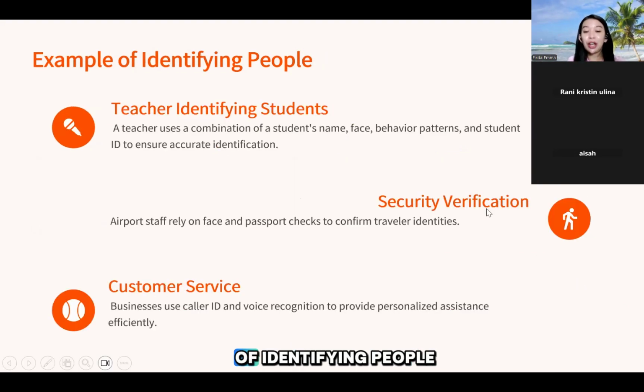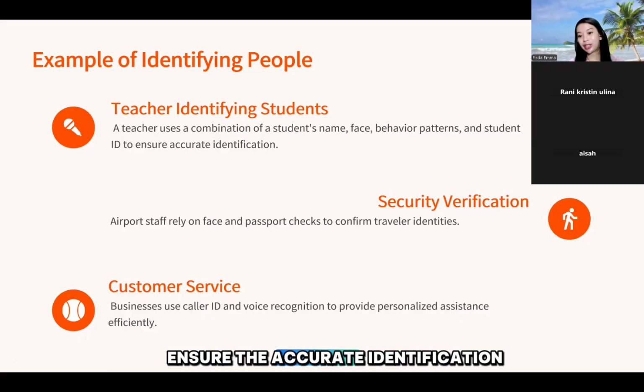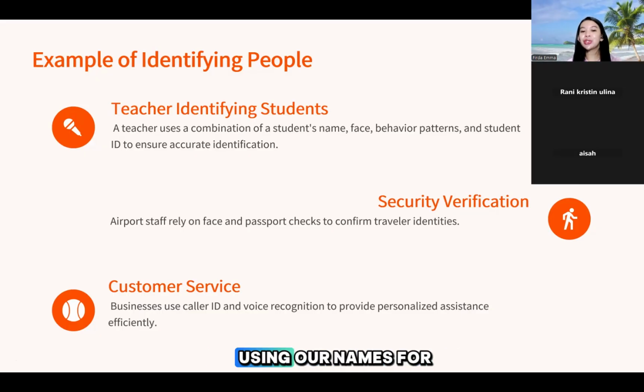Okay, so the examples of identifying people. The first example is teacher identifying students. Sometimes when the teacher explains, the teacher uses a combination of students' names, faces, behavior patterns, and student ID to ensure accurate identification. For example, in our classroom, the teacher uses our names.